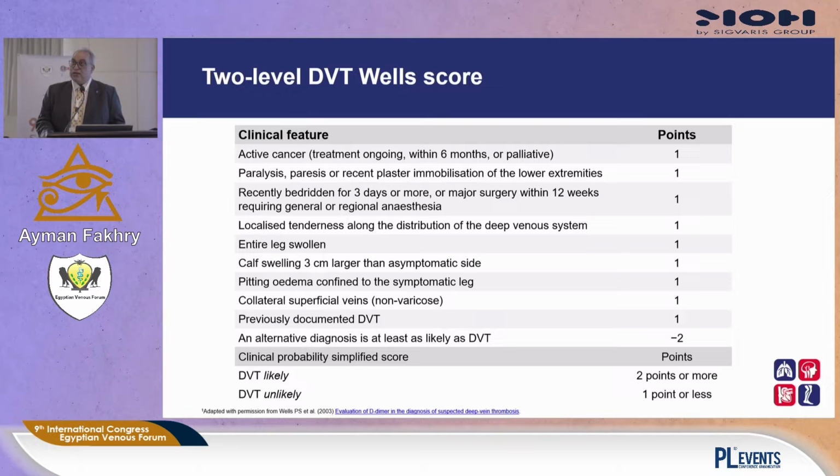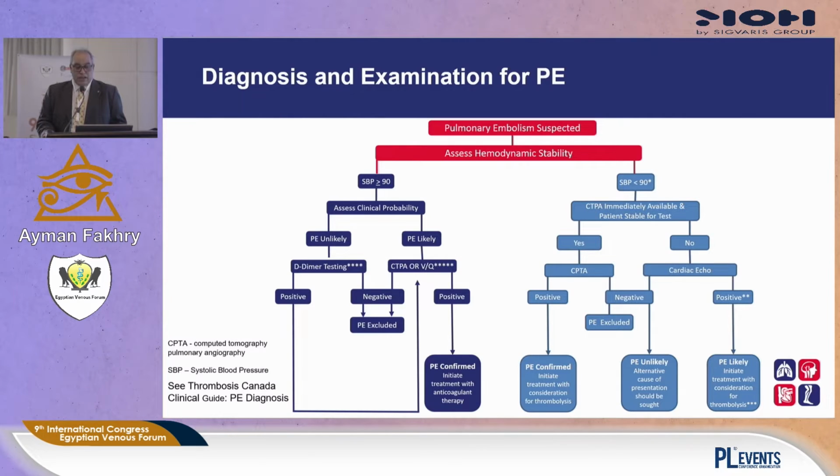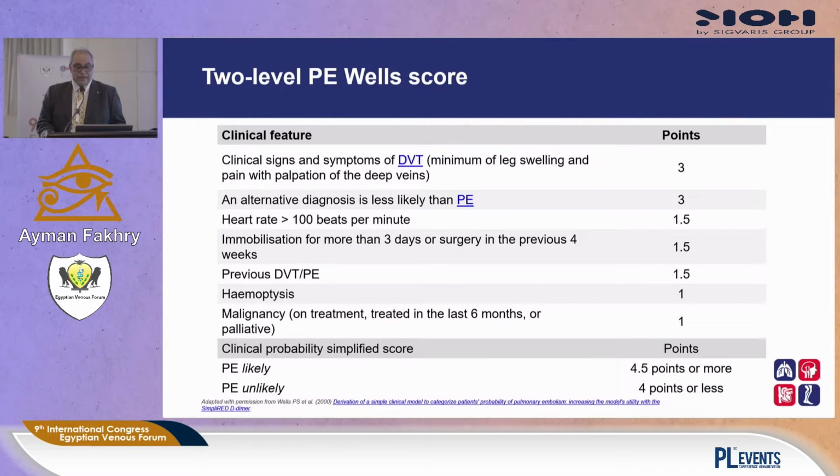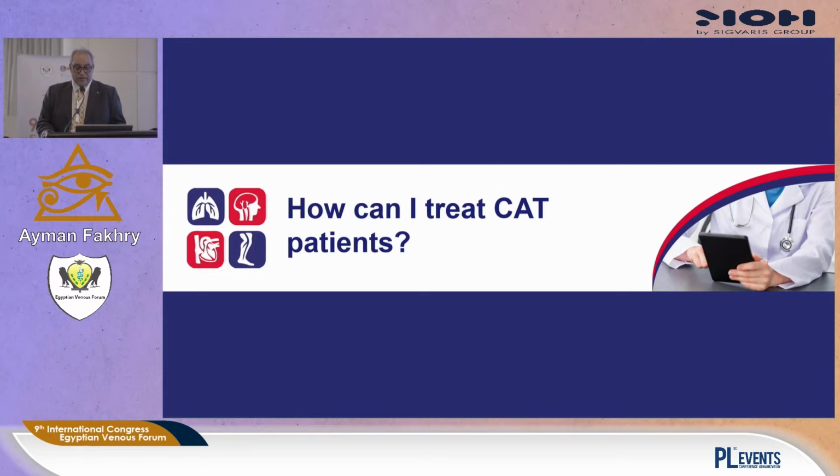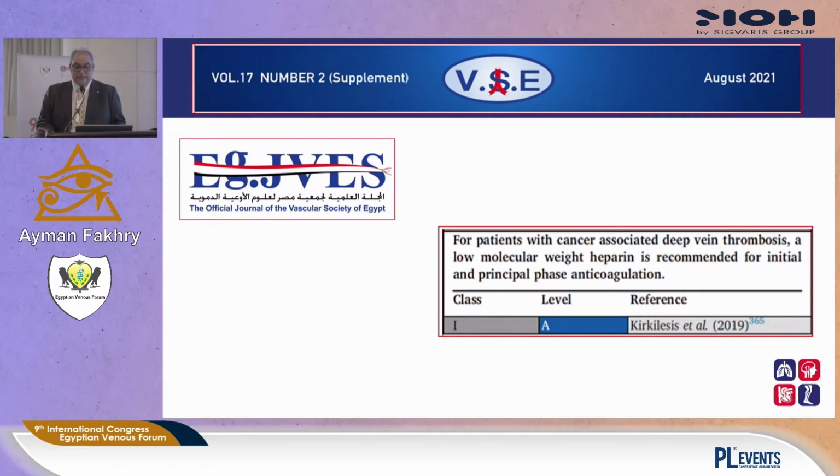If he has 1 point or 0 points, there is no possibility of venous thrombosis. This is the clinical Wells score, which is very important to understand and to apply. This is again a flow chart for the diagnosis and examination of the patient for pulmonary embolism. And again, this is a very important issue we are discussing today.